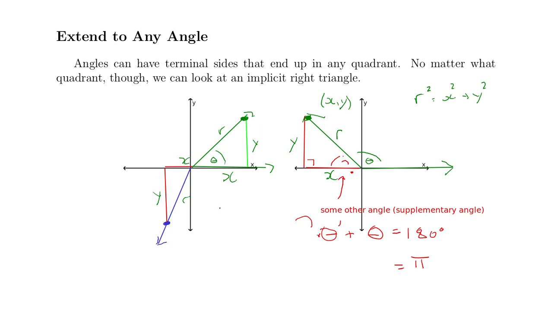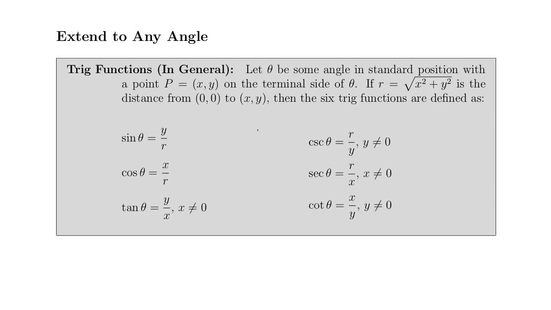So if we want to talk about angles, we'll definitely think about some angle theta. And in this case, here's theta. But we're going to reference these angles by a point that they happen to pass through on the coordinate plane. So we can go ahead and come up with trig functions based on this pretty easily.